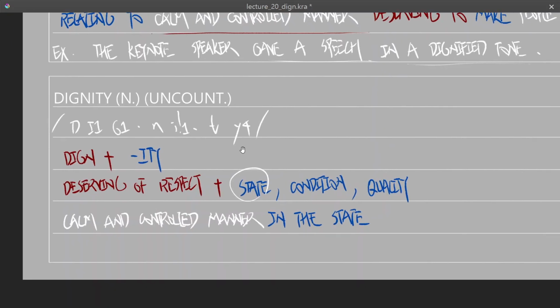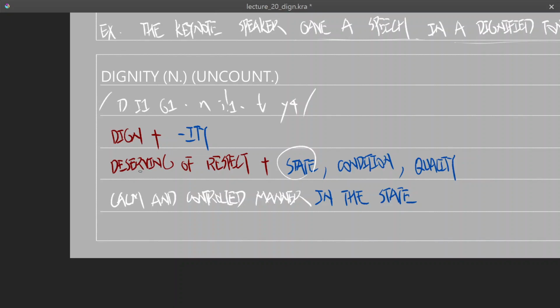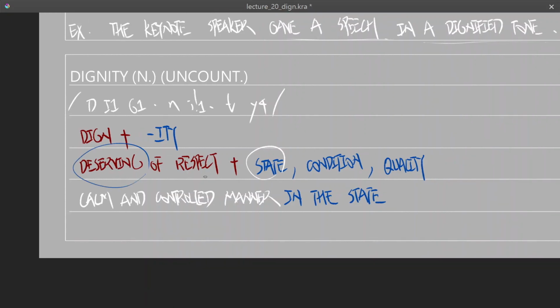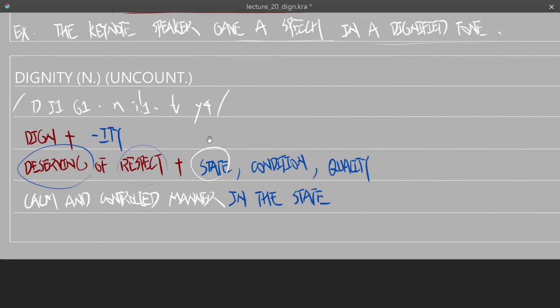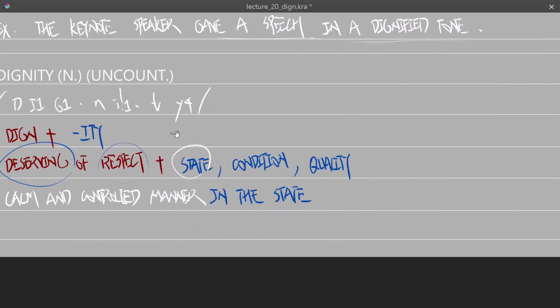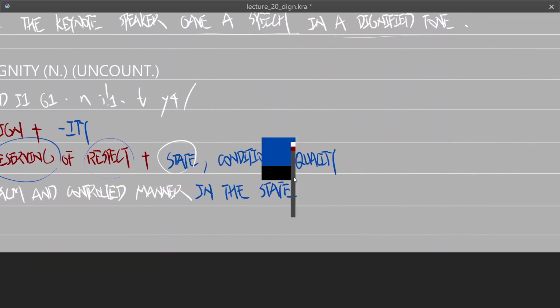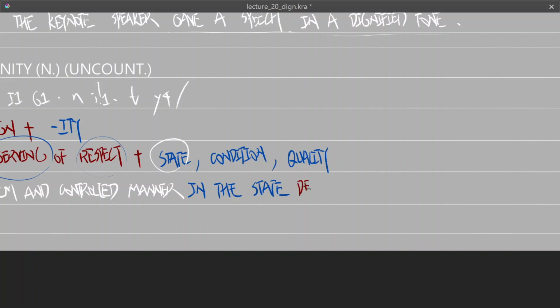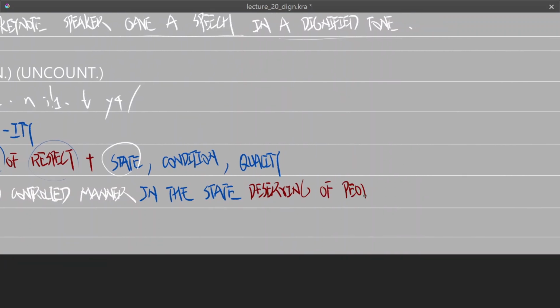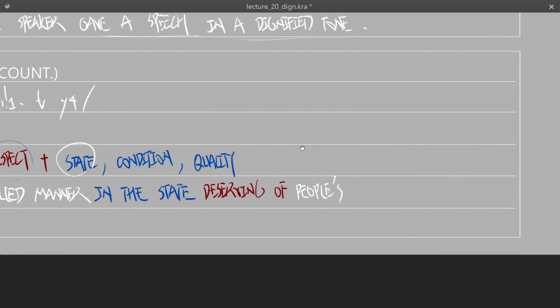In a state deserving of respect, or deserving of people's respect.